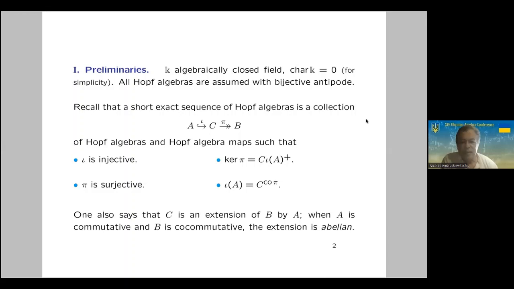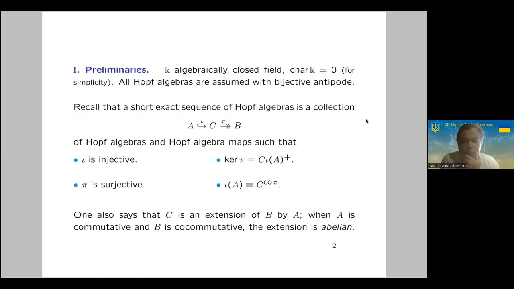One is that the kernel of pi is the left ideal generated inside C by the augmentation ideal of A. So this is a kind of algebra axiom, and there is a coalgebra axiom which says that the image of A under iota is the right coinvariants of pi. And if A, C, and B are finite dimensional and you dualize, then these last 2 axioms interchange with each other.